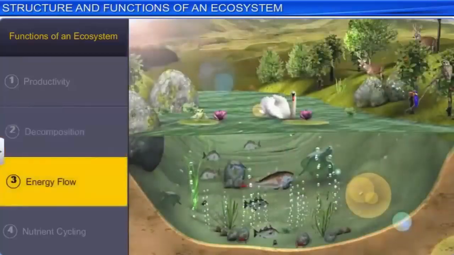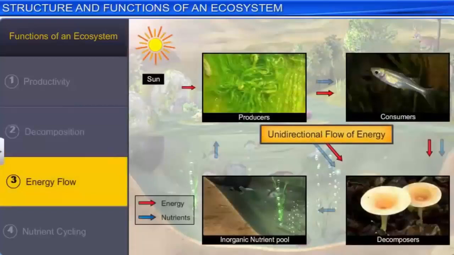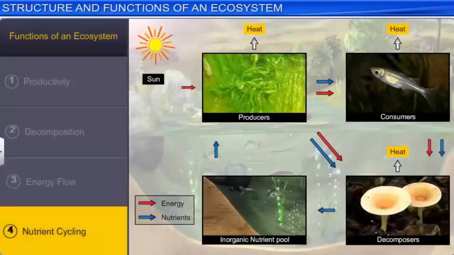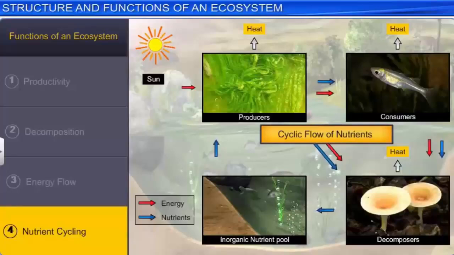Thus, there is a unidirectional flow of energy from the lower to the higher trophic levels, with substantial amounts of energy being dissipated in the form of heat to the environment at various levels. Moreover, this example also demonstrates the function of nutrient or mineral cycling, as we can see nutrients flowing from autotrophs to heterotrophs and then to decomposers and back to autotrophs in a cyclic manner.